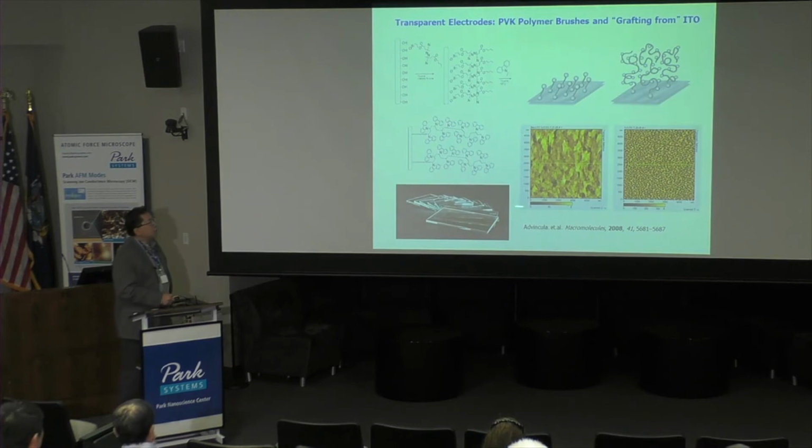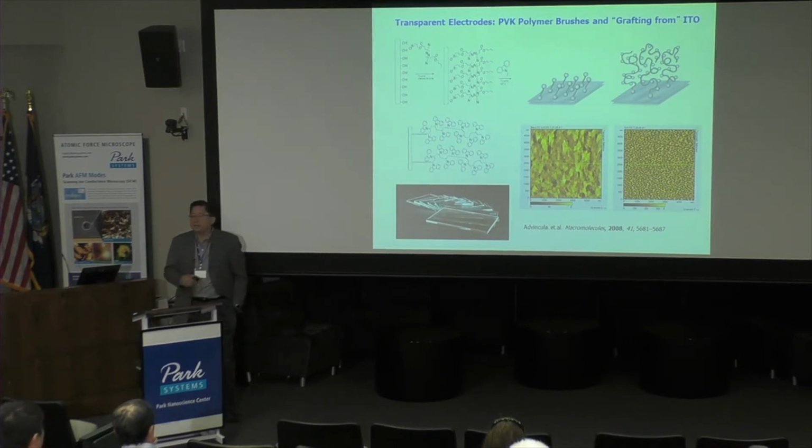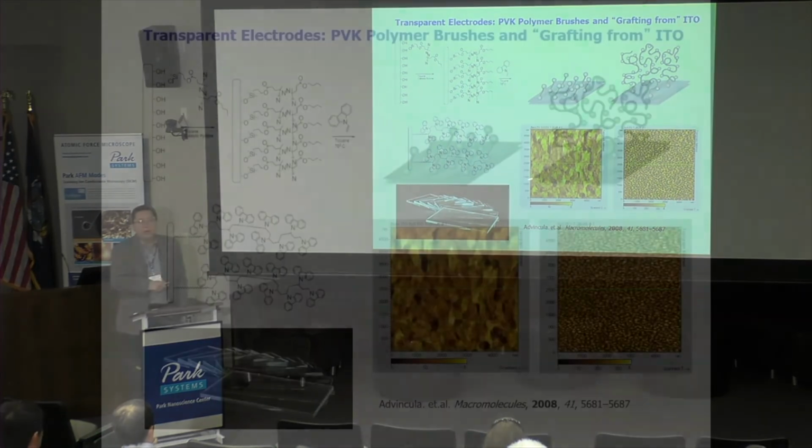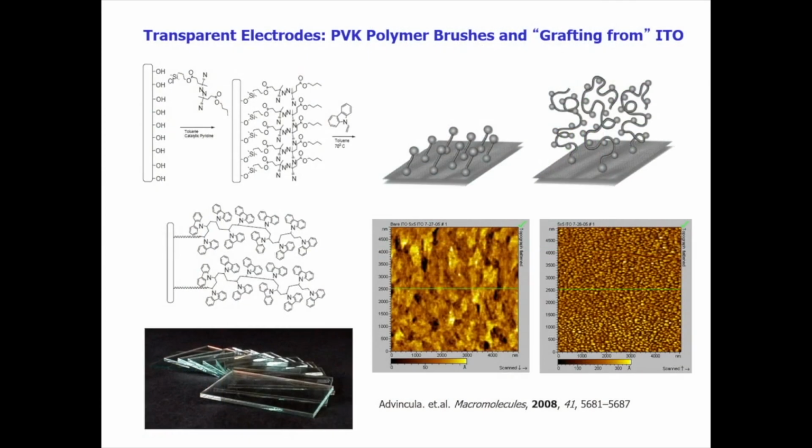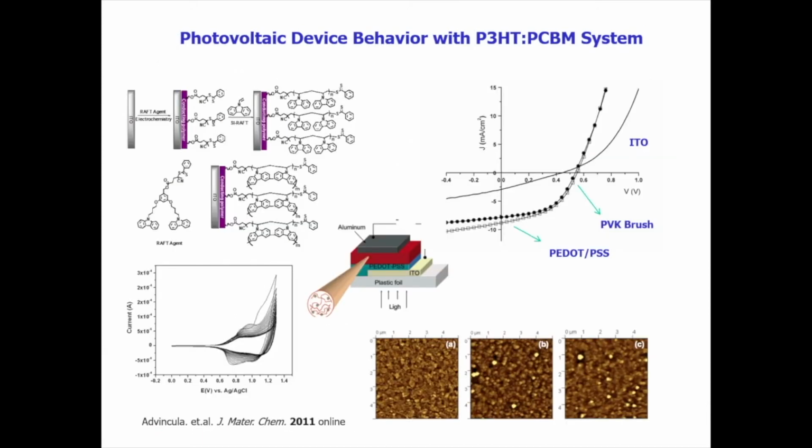What we also did was to functionalize ITO. Indium tin oxide, if you have a smartphone LCD, you always have an ITO. It's a transparent electrode. It actually looks like this, very rough. But by growing a polymer brush, we can smoothen it. More importantly, we can add different types of work function layers.